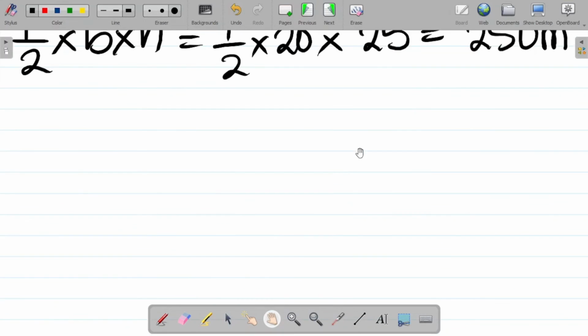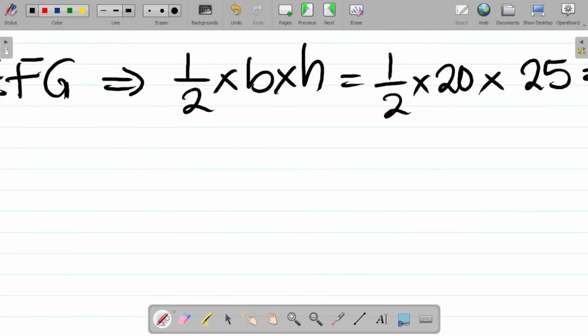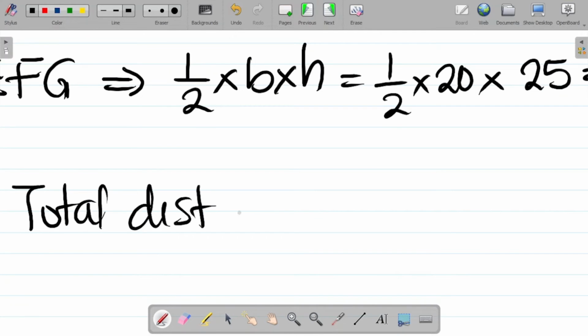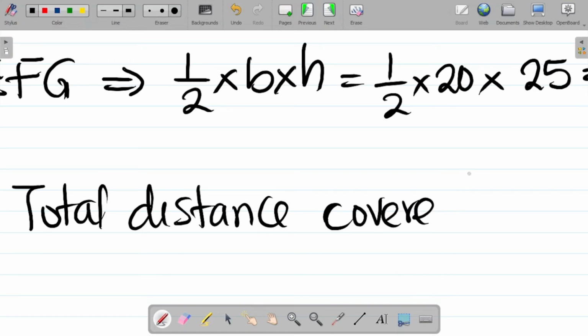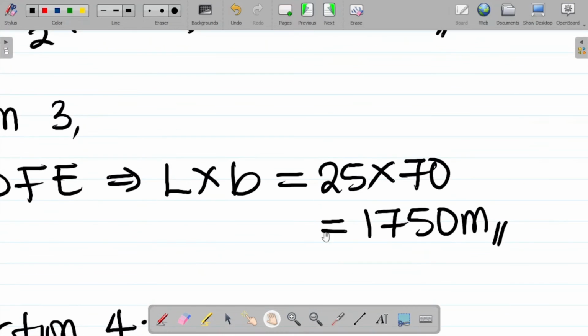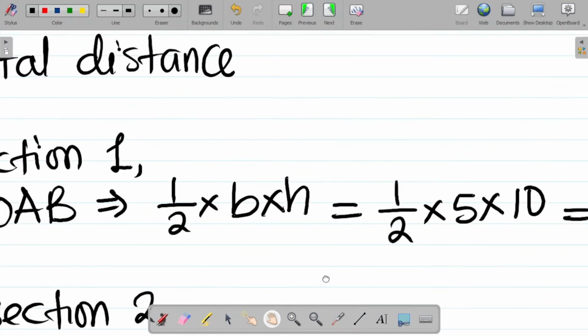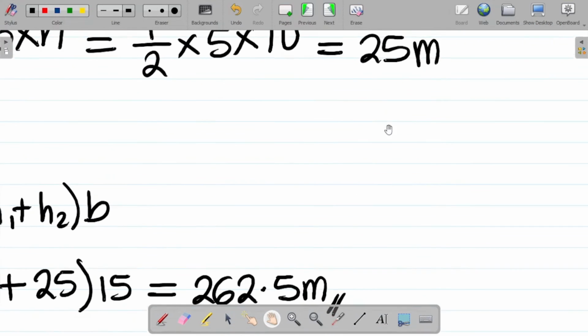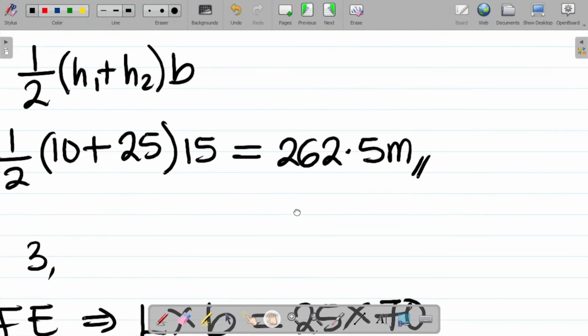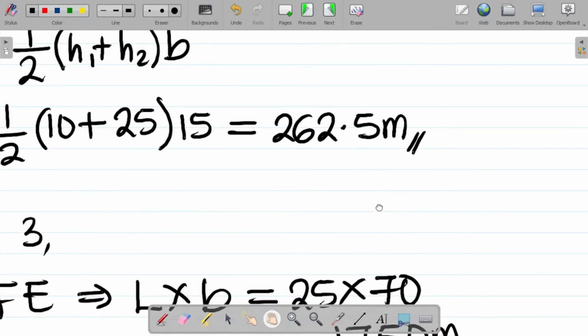All right, so having gotten the area of each of the sections, which is the distance for each section, the total distance covered would be equal to, let's add each of them. For section 1, the value is 25. For section 2, we have 262.5.